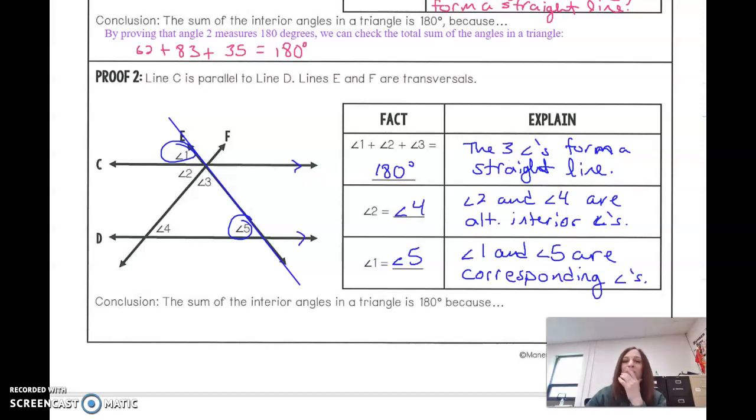So we know that 1, 2, and 3 are 180 degrees, but angle 2 and angle 4 are the same thing, and angle 1 and angle 5 are the same thing. So we'll say if angle 1 plus angle 2 plus angle 3 equals 180, we can substitute.